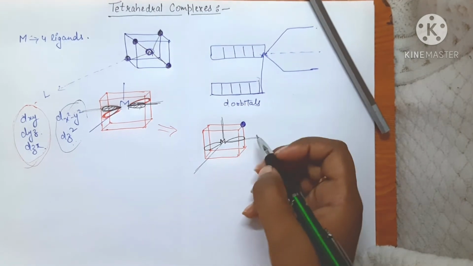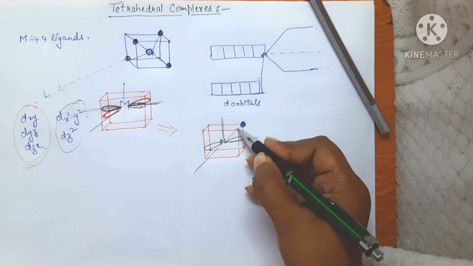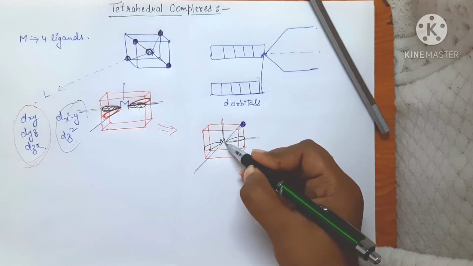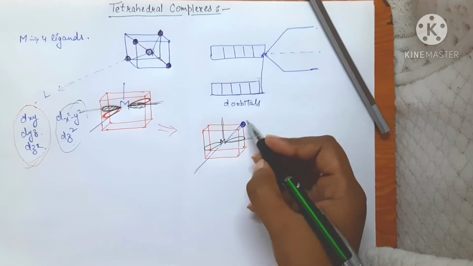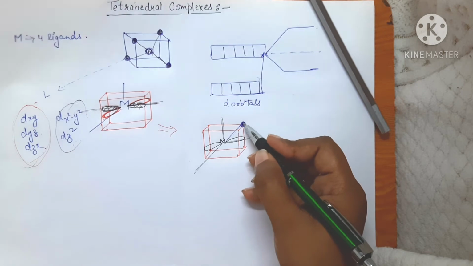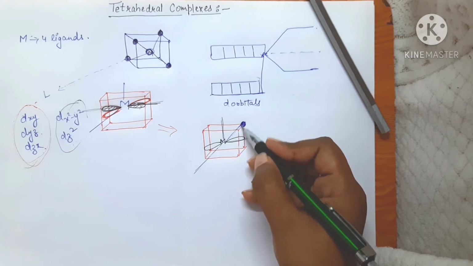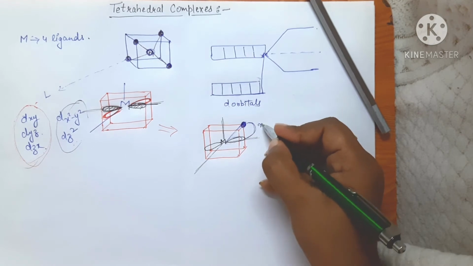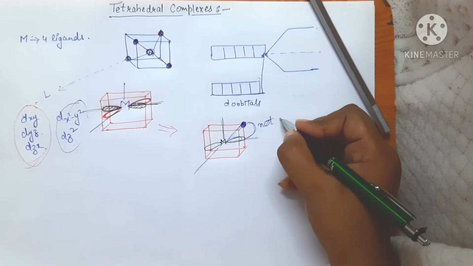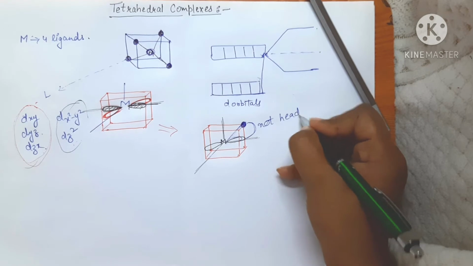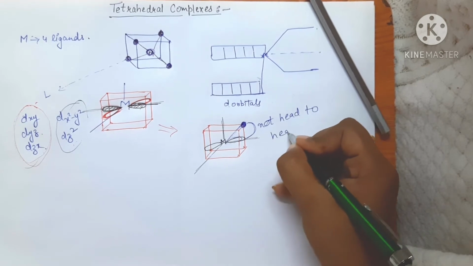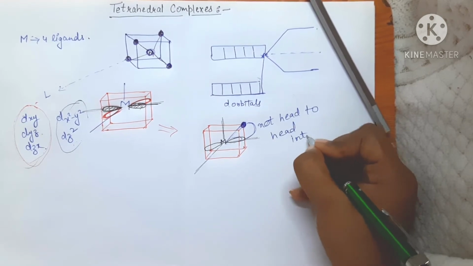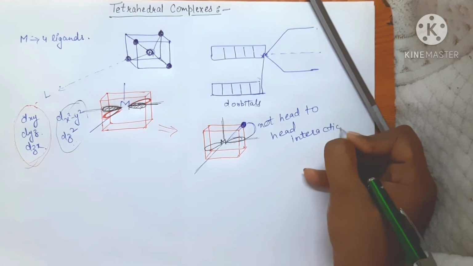The observation is that the ligand is approaching the metal, right? And the interaction between this ligand and these non-axial orbitals is not a head-to-head interaction, right?